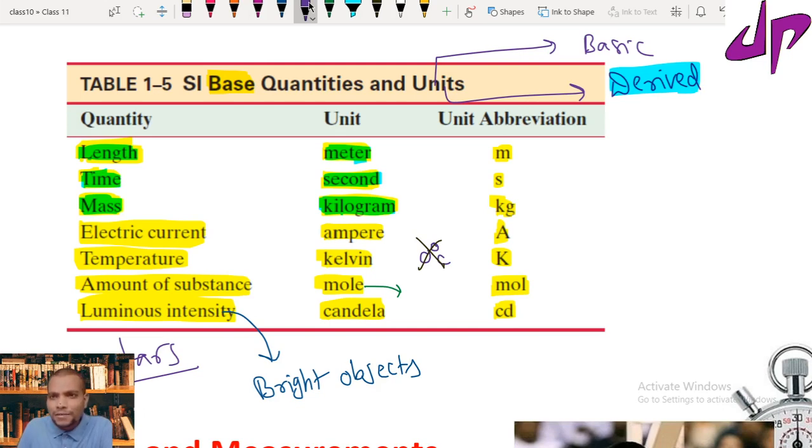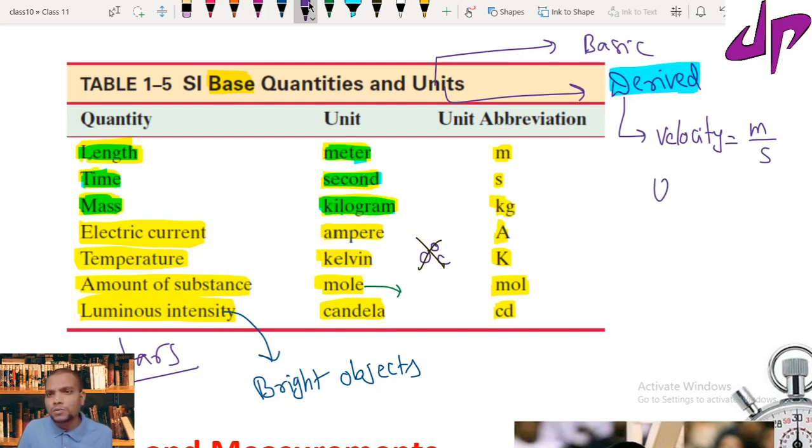Let me give an example that gives us a better understanding. Suppose I want to write the velocity unit. What can we write for the velocity formula? Displacement upon time. We will measure displacement in terms of meters, and the time in terms of second.